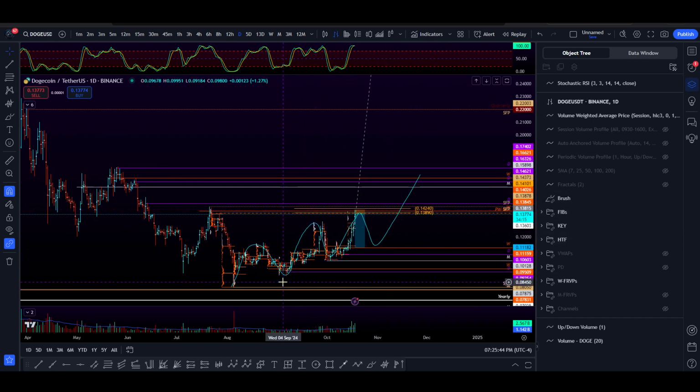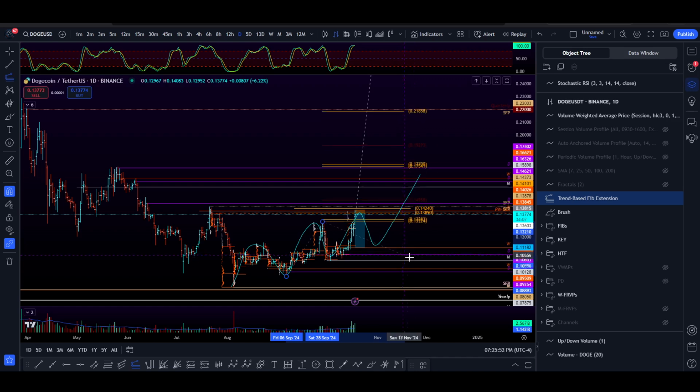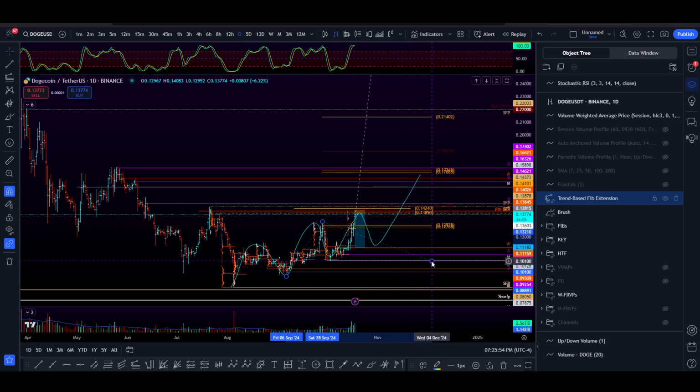At least these highs. If we turn on the trend-based fib extension, let's see here. Just go from these lows to this high, and let's see what's going on. Well, look at that, right? You can't make this up. The 1-to-1 extension is also in this little cluster area too. But look at this.